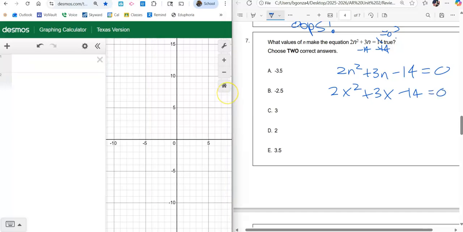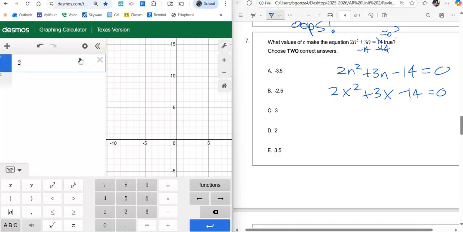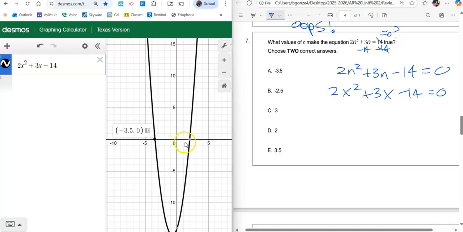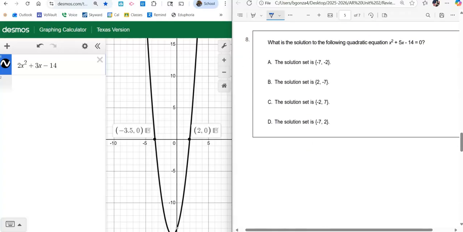So once again, you come over here, 2x squared, click your solutions, -3.5, +2. 2 solutions, -3.5, +2. It's too easy.